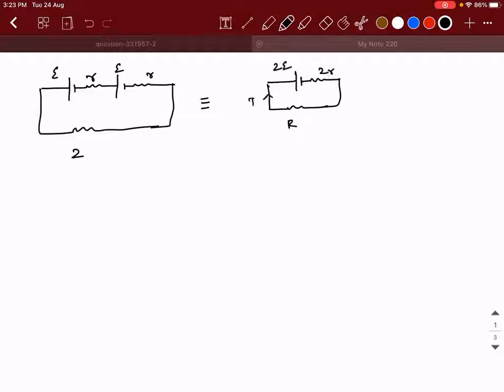So the current through this circuit I will be equal to 2E divided by R plus 2R. Accepted? Please check your notes if this is what you have done.